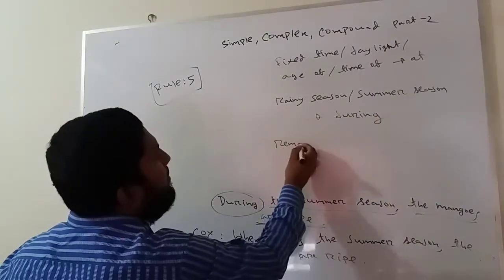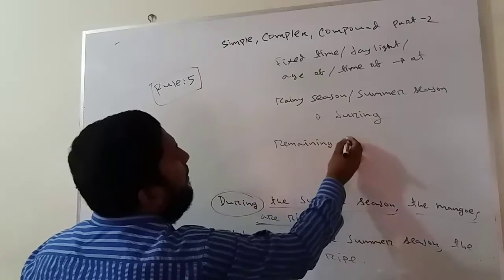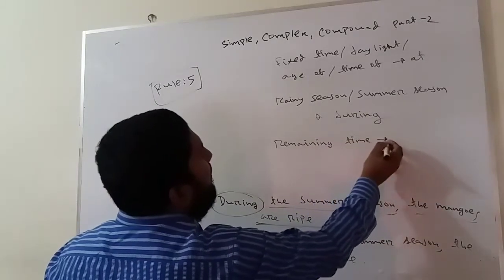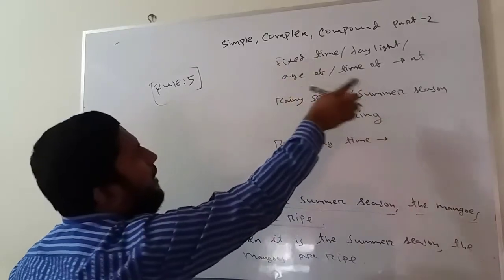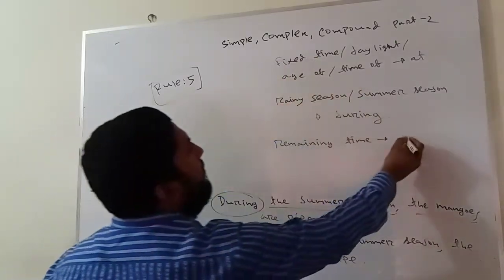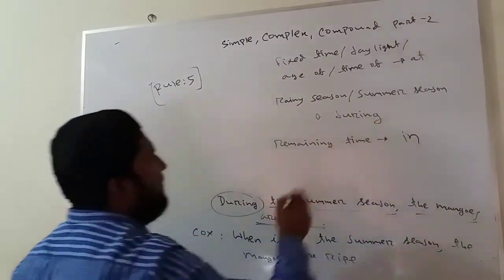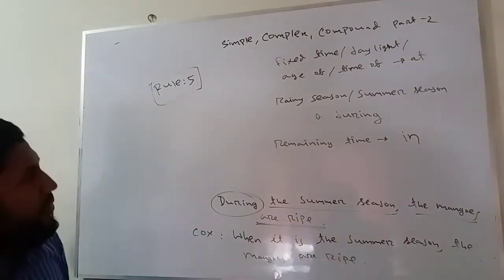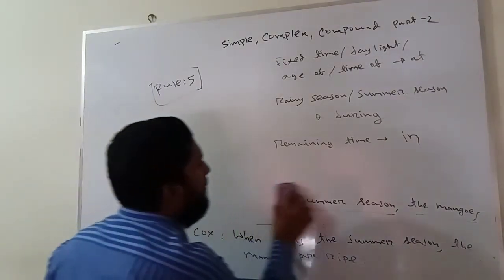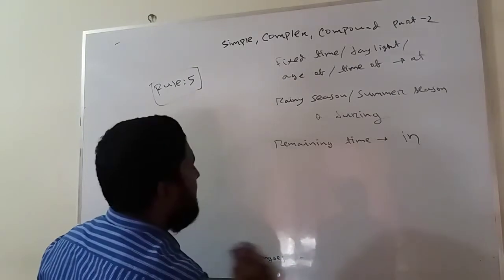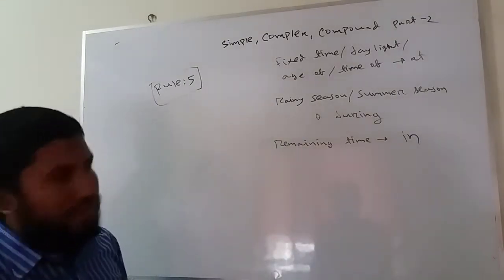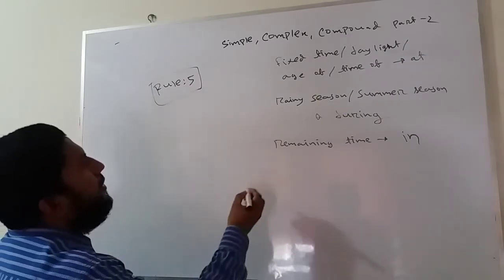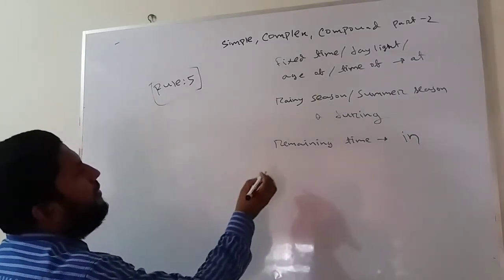Remaining time, remaining means the time except rainy season, summer season, fixed time, daylight, age of, time of, we will have to use in. Now I will give you an example of a complex sentence, then you convert it into simple and compound.